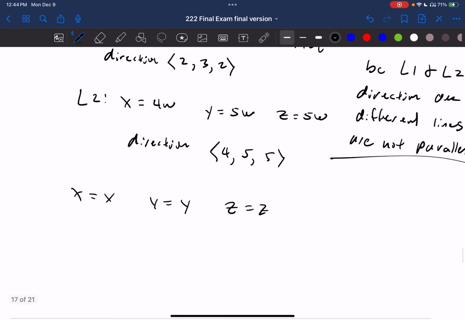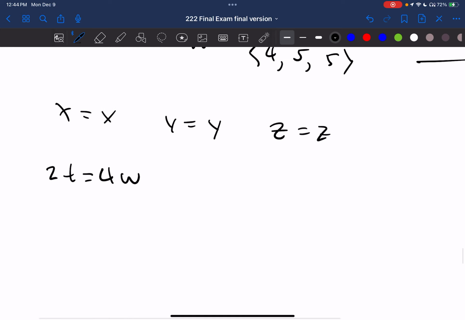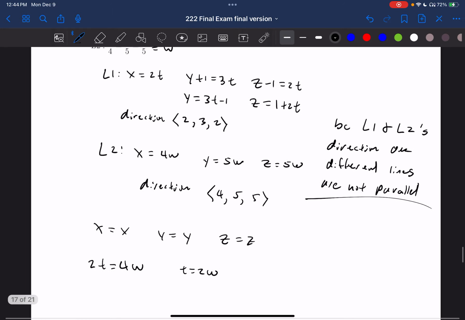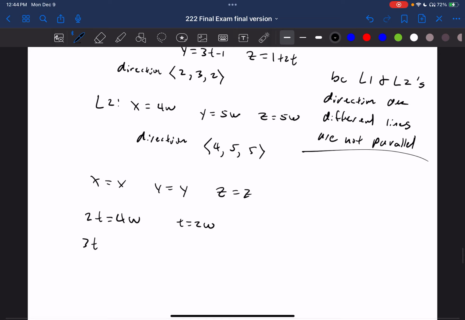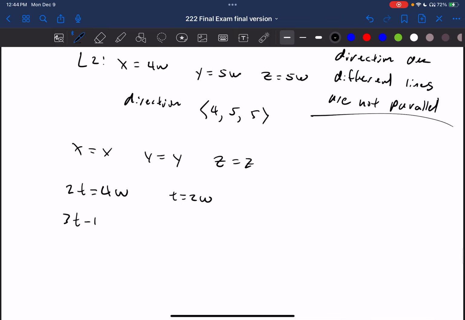For line 1, x is equal to 2t. Set that equal to line 2, which is x is equal to 4w. Based on this equation, we can conclude t is equal to 2w. Now let's set y equal to y and see what happens. Y for the first equation is going to be 3t minus 1. Y for the second equation is going to be equal to 5w.